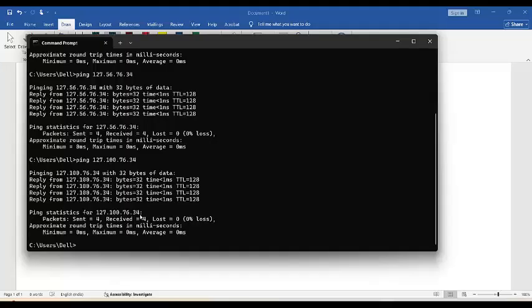Your OSI layers are fine. That's what this reply conveys. I hope you understood the purpose of loopback address. It's a self-diagnostic test to test your own PC.